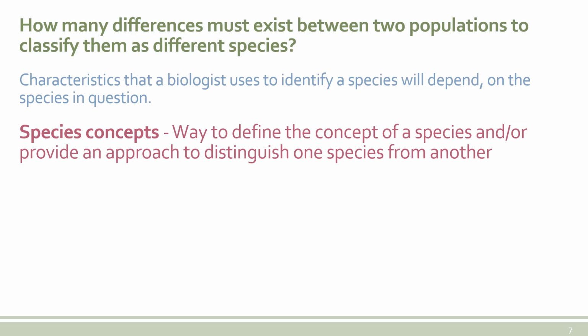There is no single definition of species that is going to separate everybody from everybody else. We had our broad definition on the previous slide that says a species is a group that has a distinguishable set of characteristics. With our species concepts, we're going to define what that set of characteristics is.